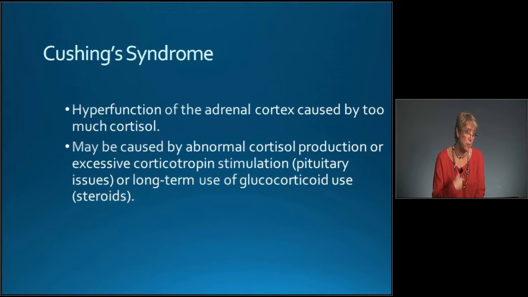That's usually due to some type of pituitary issues, or this patient has been on long-term steroid use, glucocorticoids in particular. Think about your pulmonary patients, for instance, on long-term glucocorticoids. Think about your patients with Crohn's disease who take steroids.